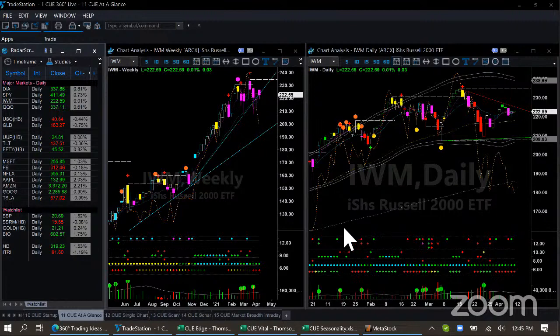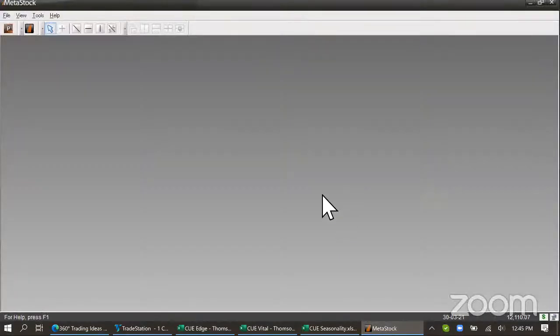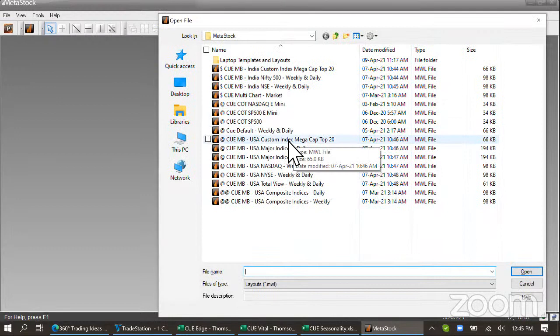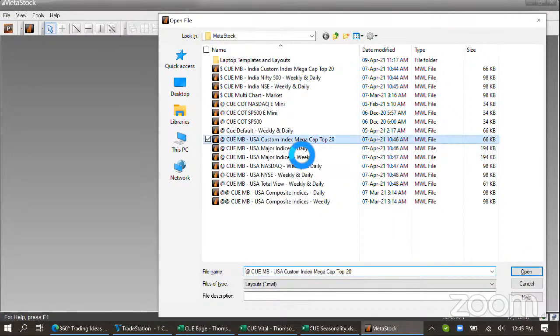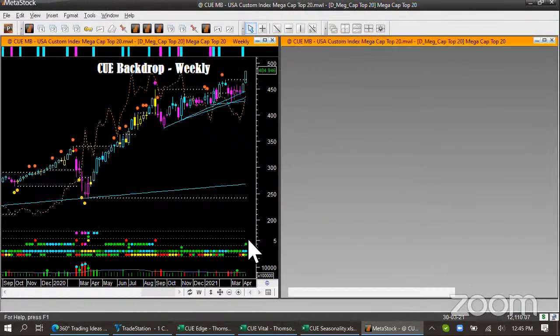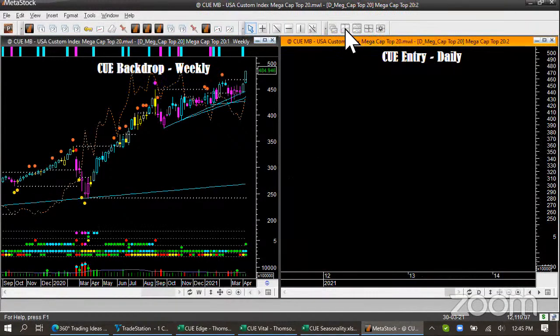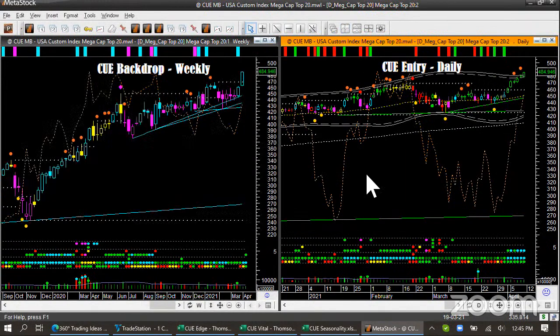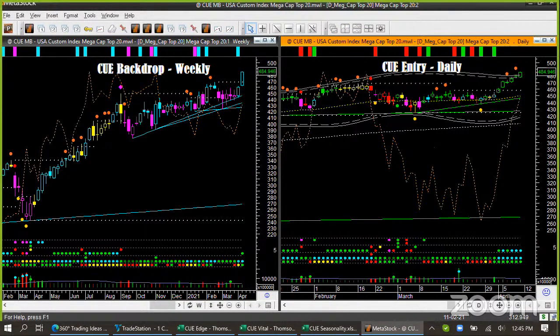Let's look at the market internals. Mega caps were underperforming for a while. However, that changed. If we look at the USA custom index, mega cap top 20, it was inside a range for a long time.